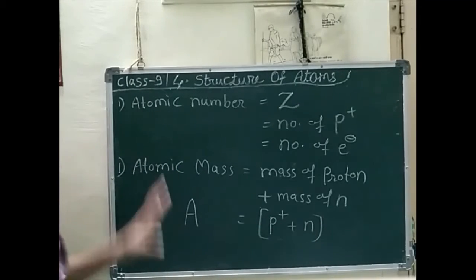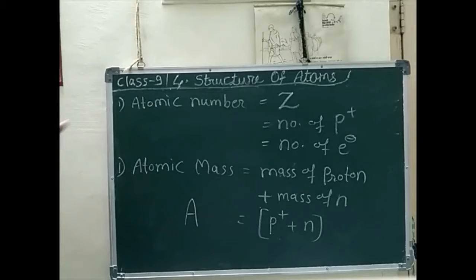So this is the formula of atomic mass: capital A is equal to number of protons plus number of neutrons. Note down these two formulae, which are very important for solving numericals and for studying chemistry.